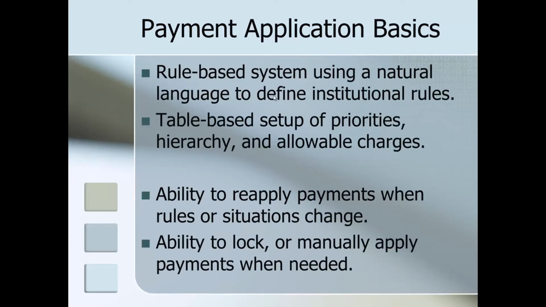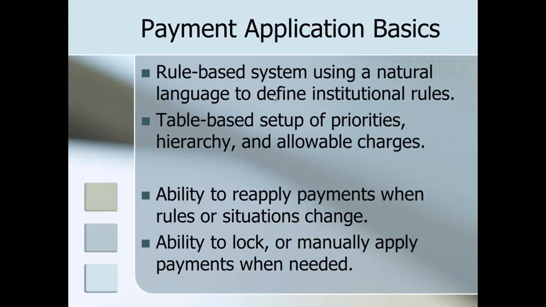Payment application is a rule-based system. We have a natural language system that defines your institutional rules. And then we have a table-based setup of our priorities, the hierarchy of our payments and our charges, and which payments are allowed to pay which charges. So we've divided the line between the simple setup of your charges and your payments that define that hierarchy, followed by a really fine-grained ability to define how that actually happens with your payment application at the point of using it.